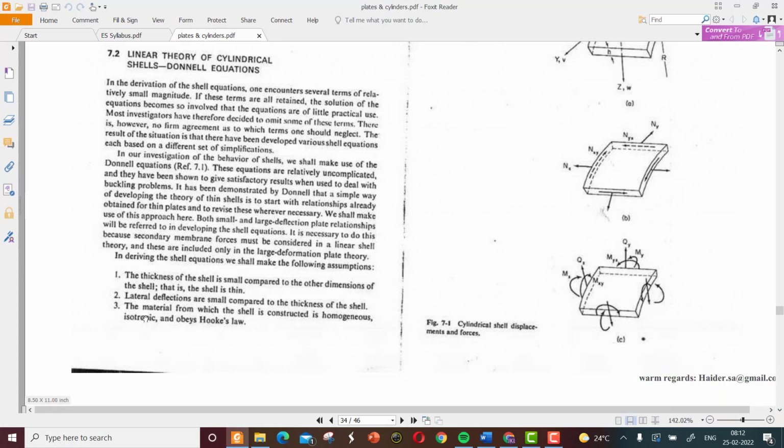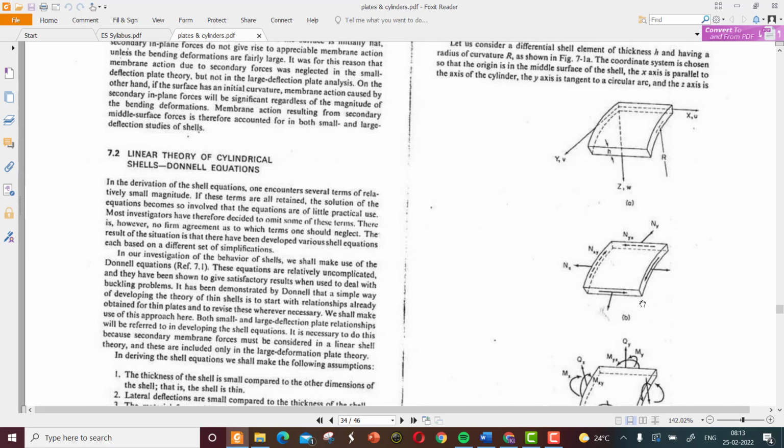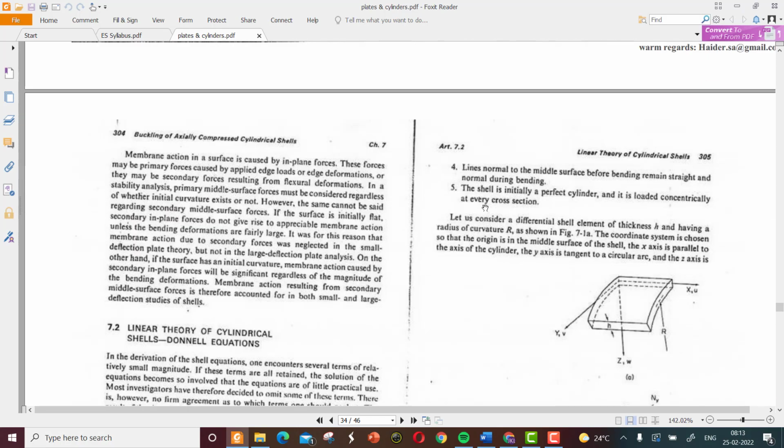Also, the material from which the shell is constructed is homogeneous, isotropic, and it should obey Hooke's law. Then the lines normal to the middle surface before bending remain straight and normal during the bending. The shell is initially a perfect cylinder and it is loaded concentrically at every cross section.